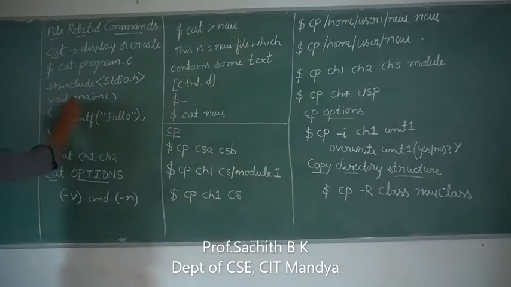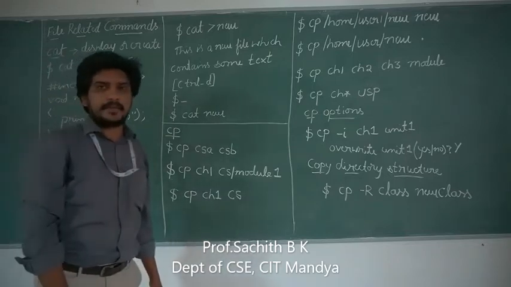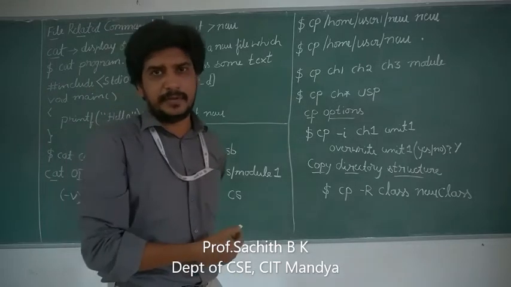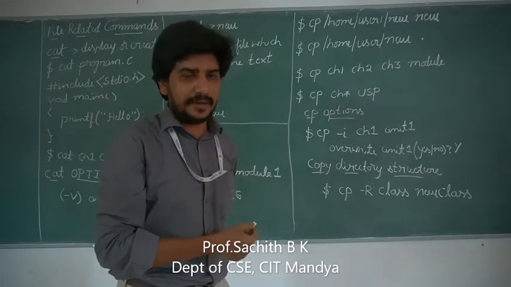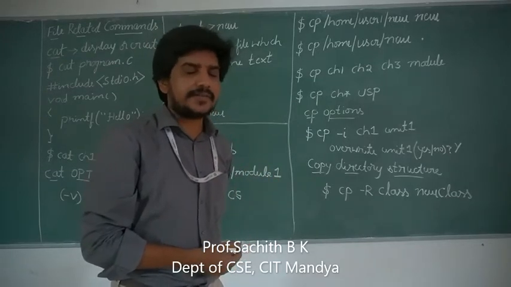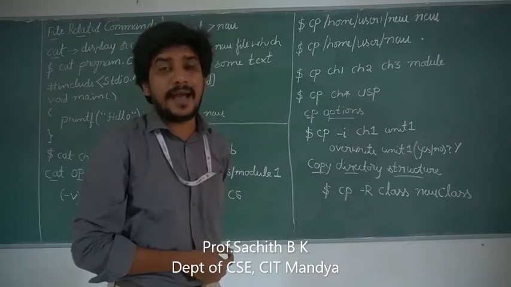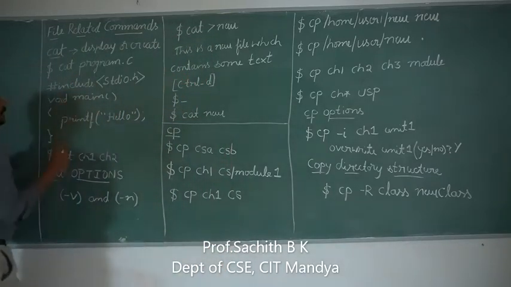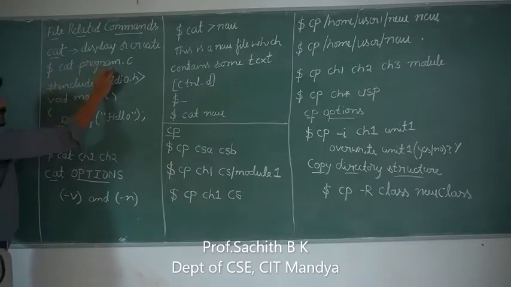Now we shall see examples of how we can make use of the cat command. There are many examples and also some options. We shall go through the examples in greater detail so that you get a better understanding of the cat command. The first example, as you can see here, is cat program.c. This is the command prompt, this is the command name, which is cat, and this is the file name.